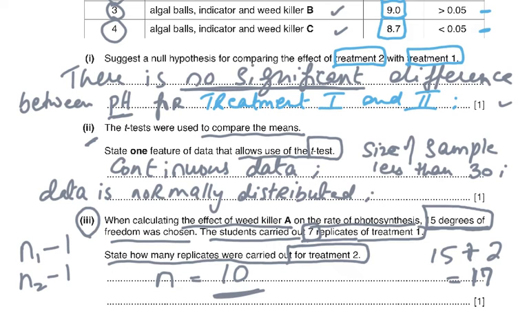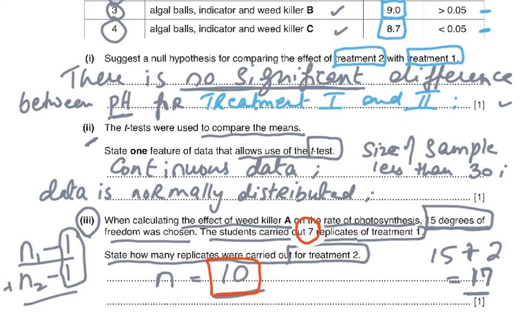Why? Because whenever we calculate the degrees of freedom, it is n1 minus 1 plus n2 minus 1. So you need to add 2 to the degrees of freedom. The degrees of freedom, it says, was 15. So 15 plus 2 is 17. Then we are told that 7 was calculated, so it has to be 10 here.